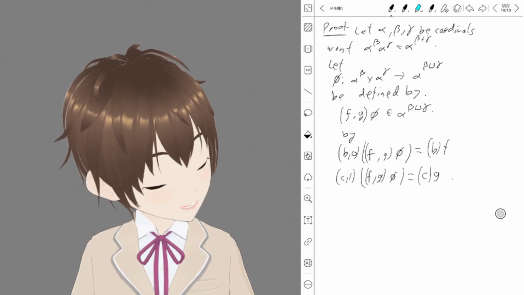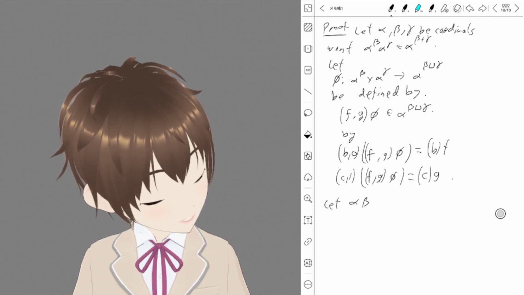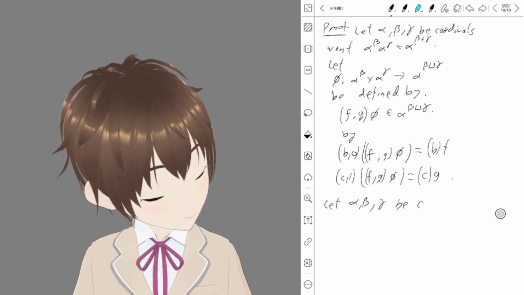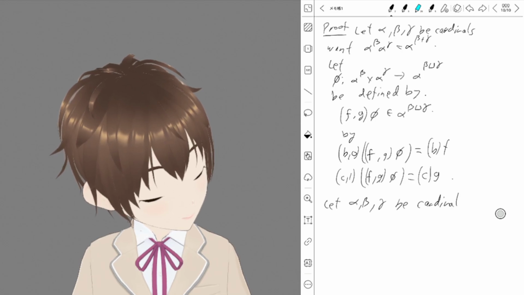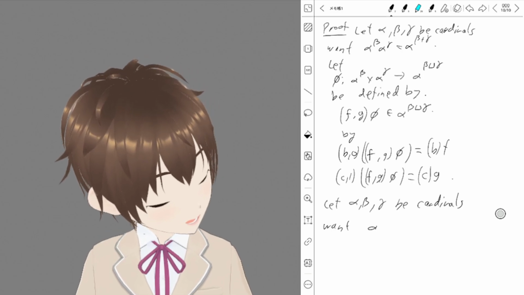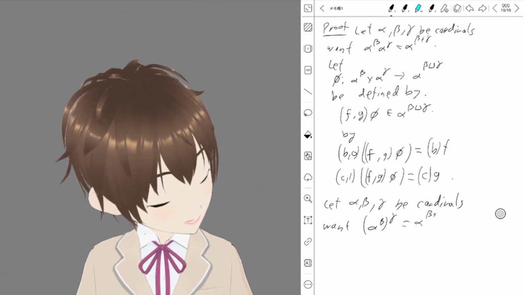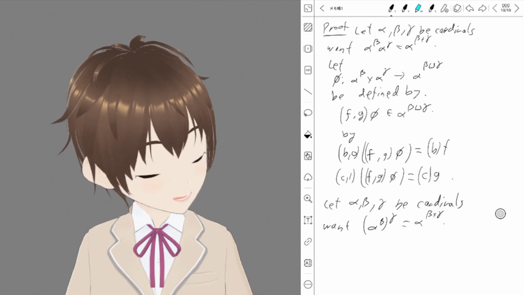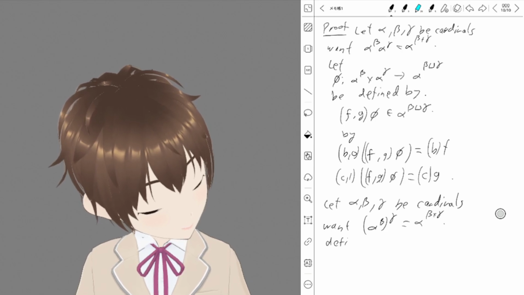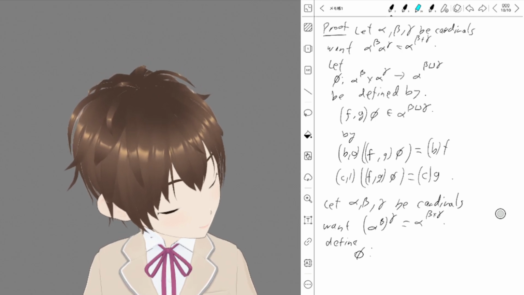Okay, and then next, for the last bit, let alpha, beta, gamma be cardinals. And I want alpha to the beta to the gamma to be equal to alpha to the beta times gamma. And again, I'm going to define phi, and here there's not much better notation than this.